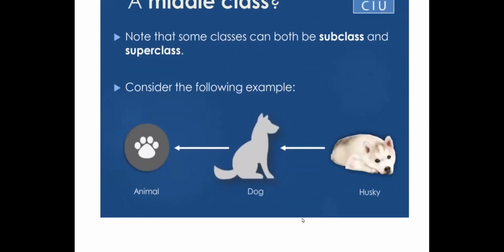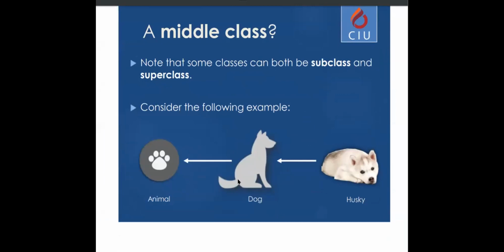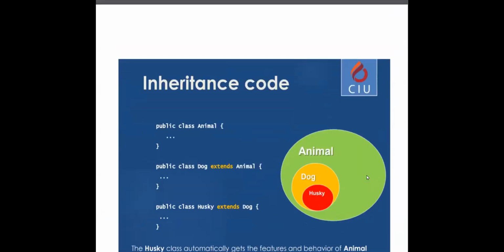So if you have a husky class, you can allow a dog class to be the parent, and that dog class extends animal as well. So in this case, husky is a dog and dog is an animal. And whatever properties animal has are automatically transferred to husky as well.